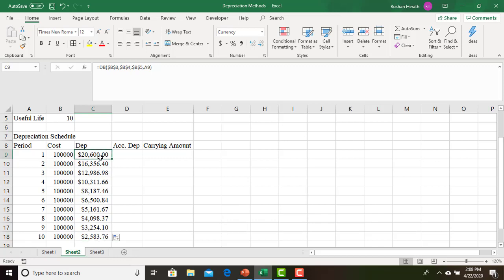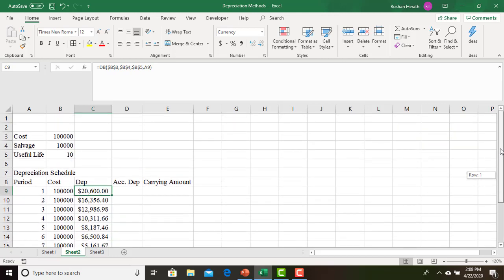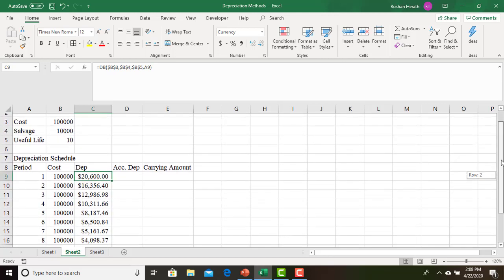So in the initial period a higher depreciation is charged, but towards the end a lower depreciation is charged. That is the situation when it comes to the fixed declining balance method, as opposed to the straight line.